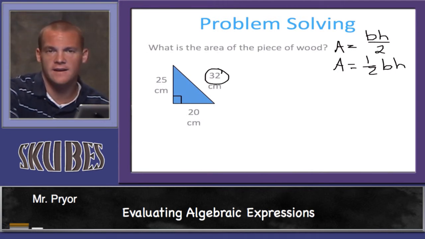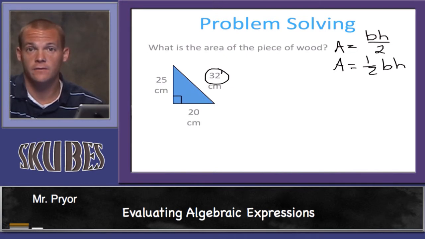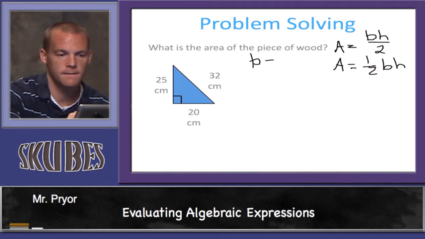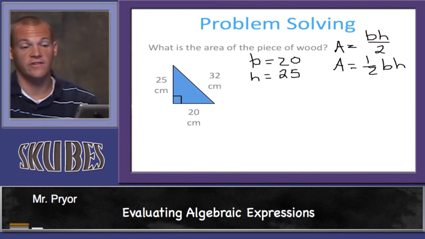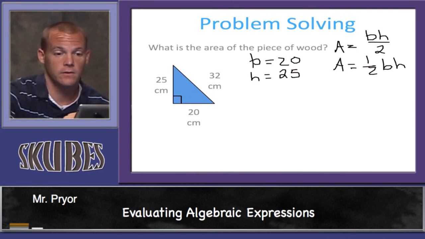So the base and height of a 90-degree triangle are always the sides that make up the 90-degree angle, every time. Okay? So for this problem, our base is going to be 20. Our height is going to be 25. And just as we've been doing, we're going to take those values and substitute them in. So let's use the top formula here.